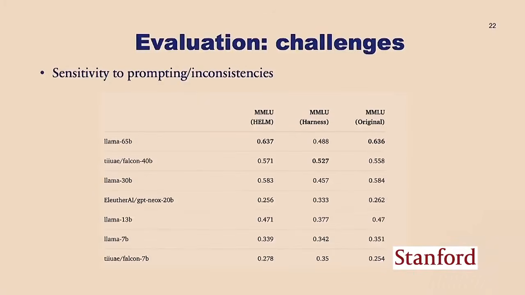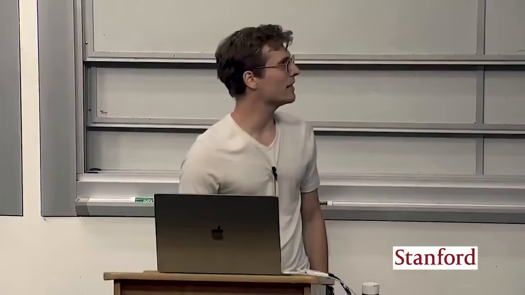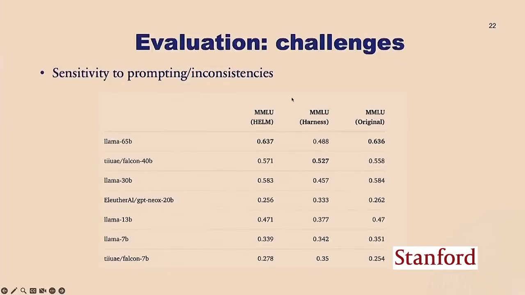Okay, so evaluation challenges, there are many. I'll just talk about 2 really briefly. One, as I told you, there are 2 ways of doing evaluation for these MMLUs. Actually, there are many more than 2, but I gave you 2 examples. And it happens that for a long time, even though that was a very classical benchmark that everyone used, different companies and different organizations were actually using different ways of evaluating MMLU, and as a result, you get completely different results.